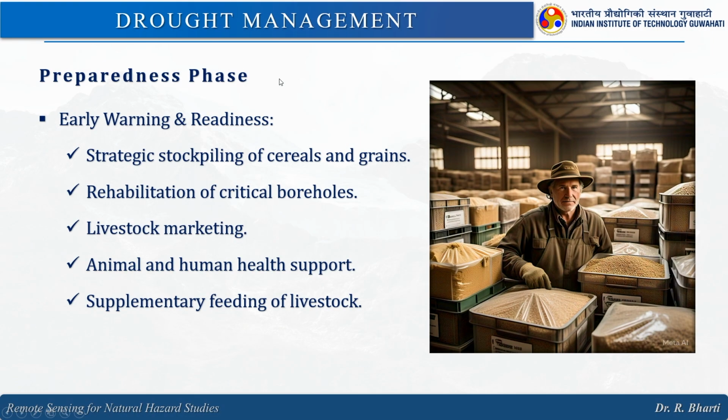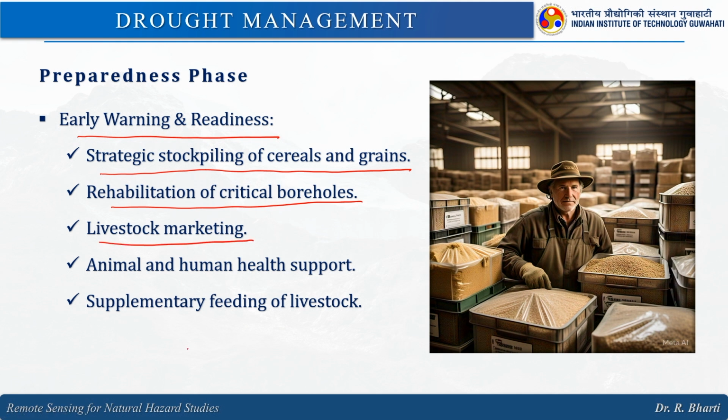Now, we will talk about the preparedness phase. Early warning and readiness, strategic stockpiling of cereal and grains can be one of the strategies, rehabilitation of critical boreholes, livestock marketing, animal and human health support, supplementary feeding of livestock.